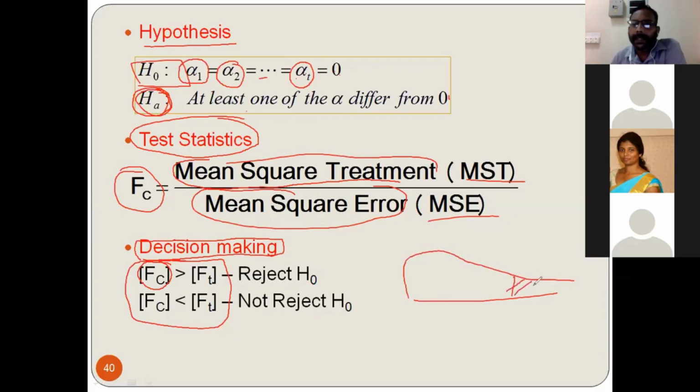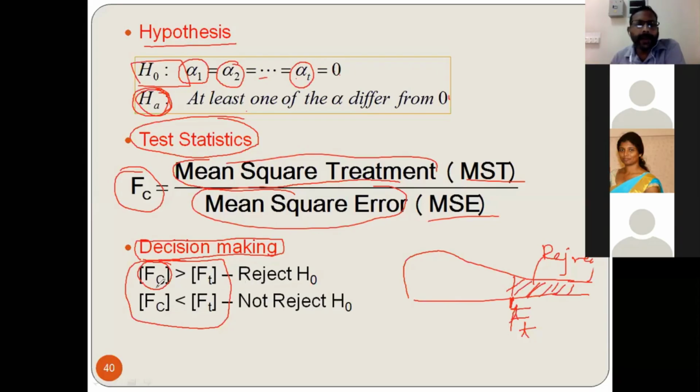Suppose this region is my alpha, so this is the F table value. Let's say the F table value is somewhere there. So this region is called the rejecting region.